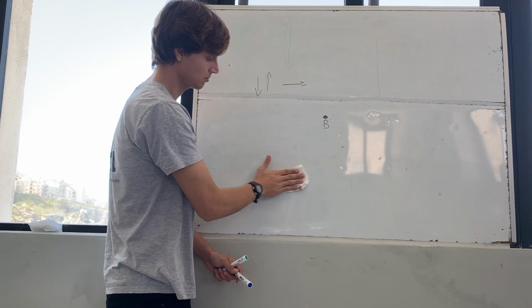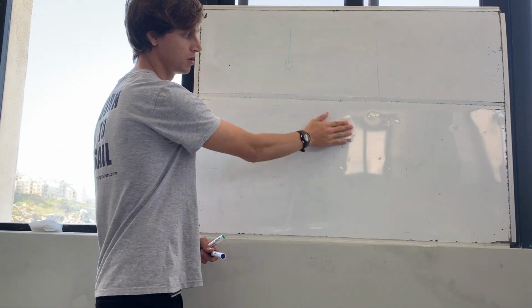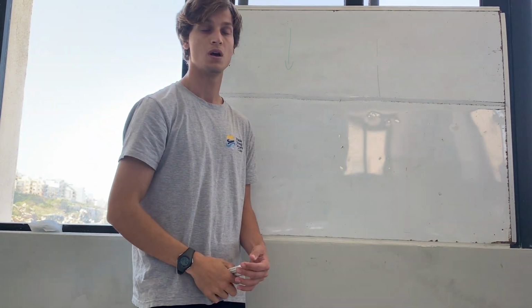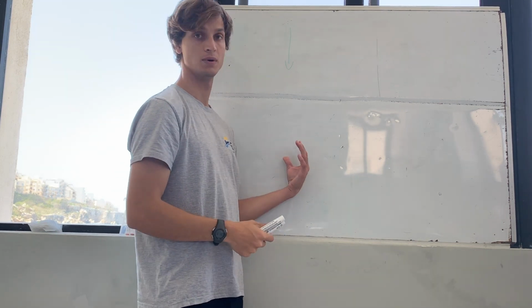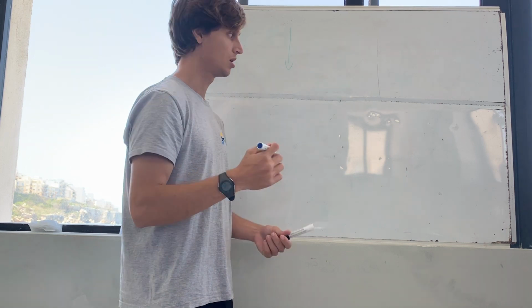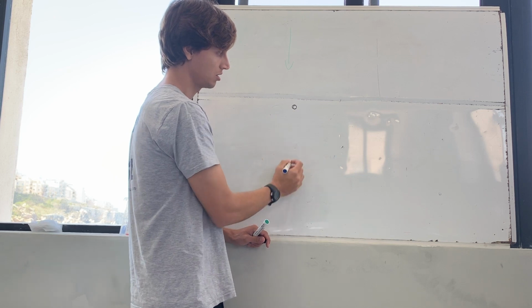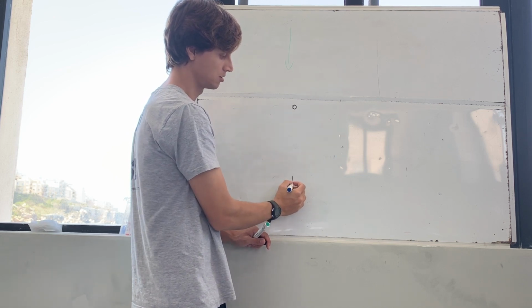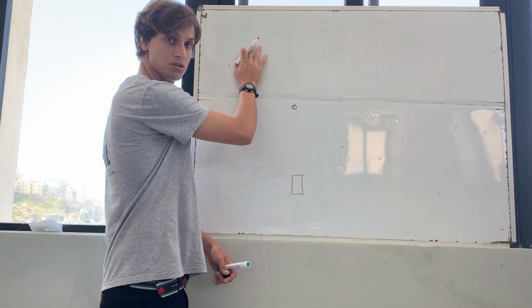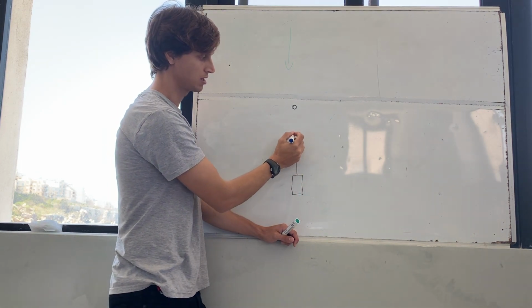So, you know those directions already, but I want to ask you guys, how do we do upwind? How can we go against the wind? If you guys have some experience on the boat, you already know that if the upwind mark is over here and you're coming from here, and the wind's coming from that direction and you want to reach here, you cannot go in a straight line.